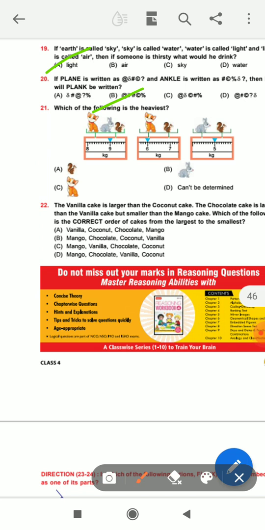Okay, this is the first, this is 9 kg, 9 kg, 6 kg, 5 kg. So option C is the correct answer. The cat is the biggest, okay, the heaviest weight. Okay, student.